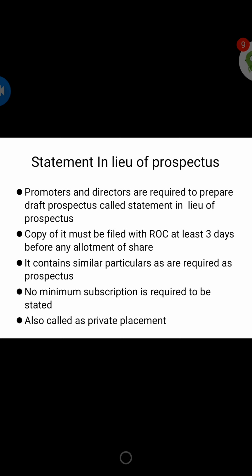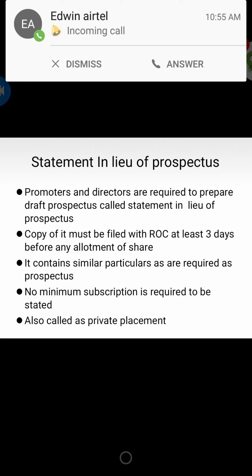Section 70 says that a company with a share capital that is not issuing a prospectus must deliver the statement in lieu of prospectus to the registrar at least 3 days before the allotment of shares.